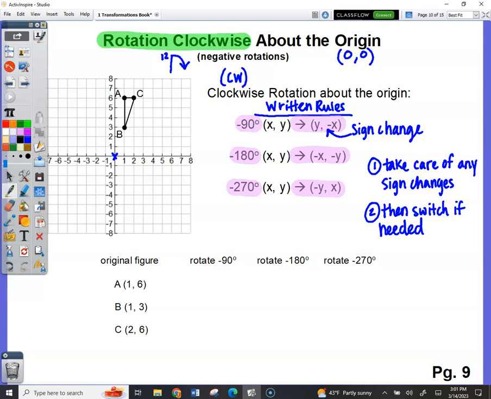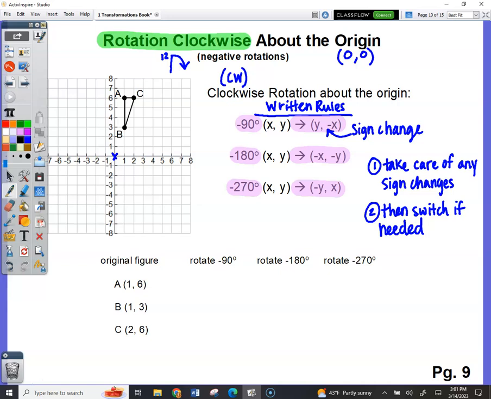Which highlighted rule did x and y not switch places? The 180. Look at the 180 rule. X is still first, y is still second. Okay, so that's why I said if needed. You don't switch every time. It's just if it's a 90 or a 270, they're switching, right? If you look at them. Okay? Now let's apply the rules.